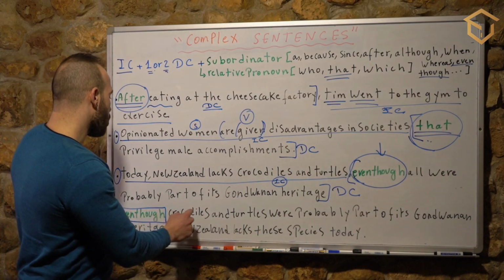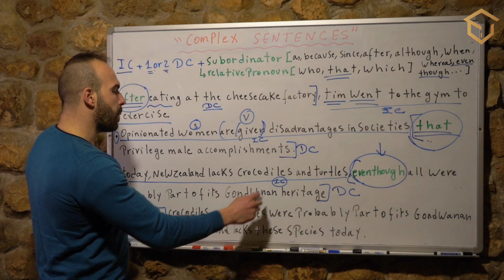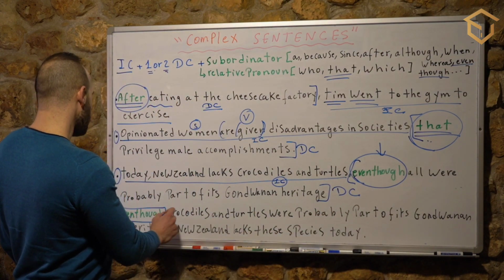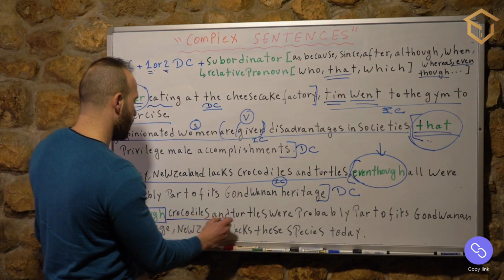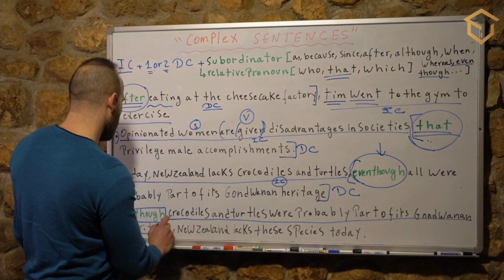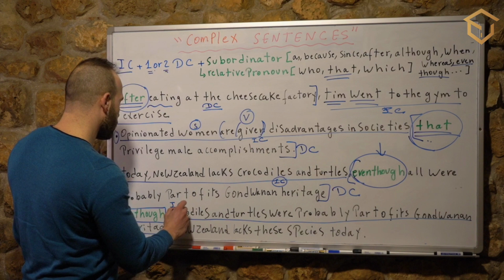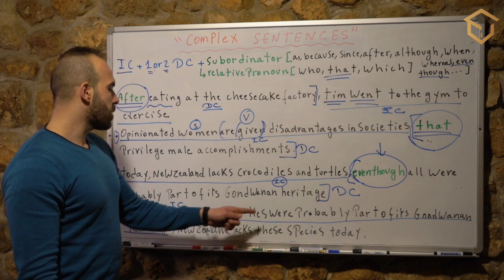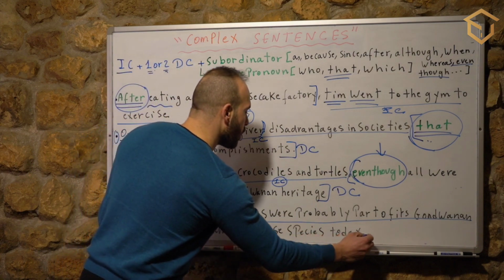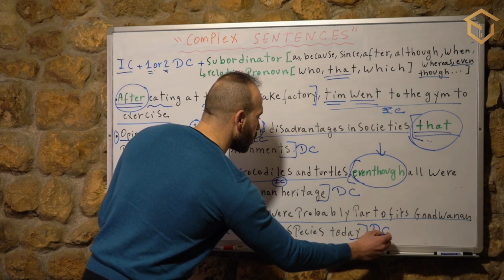So "even though crocodiles and turtles were probably part of its Gondwanan heritage" is the dependent clause, because if you read it alone, it wouldn't make sense.